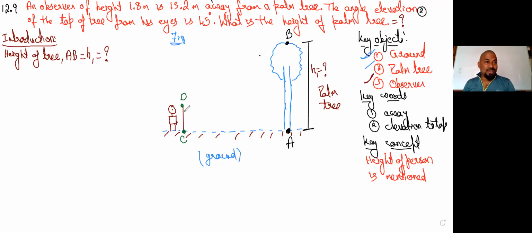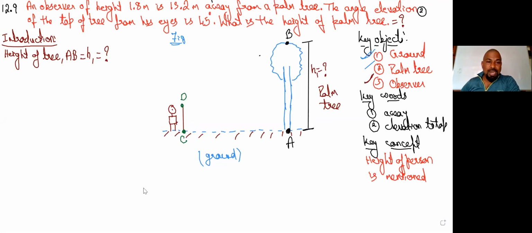Now we made the man also like a geometrical shape, and we are considering it as a vertical line. For both the vertical lines, please remember it should always be 90 degrees.